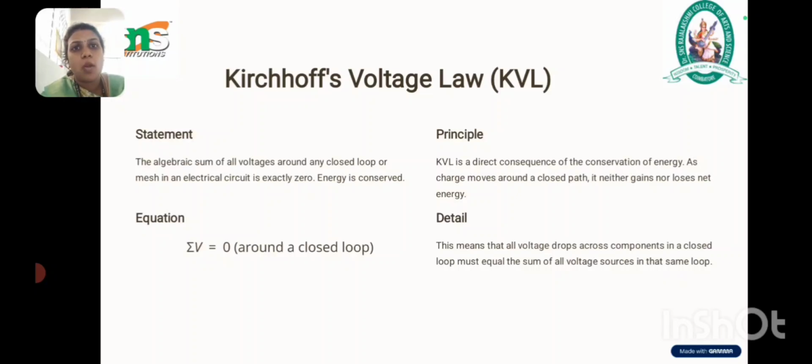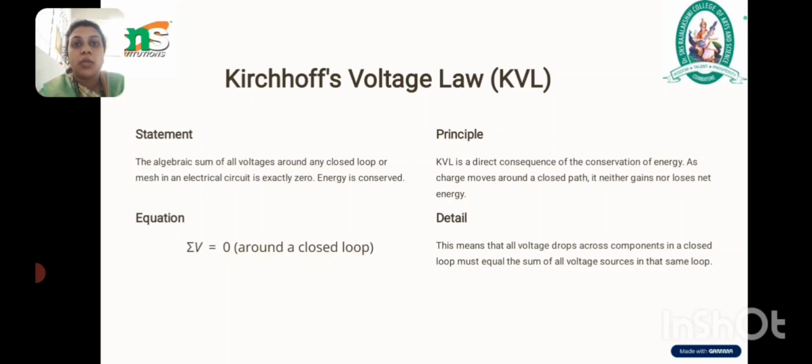This principle of Kirchhoff's voltage law is a direct consequence of the conservation of energy as charge moves around a closed path. So it is used only for a closed path. Kirchhoff's voltage law is only applicable to closed loops or closed circuits.